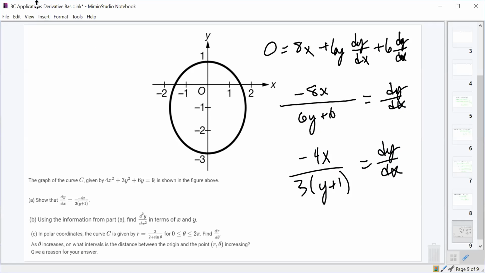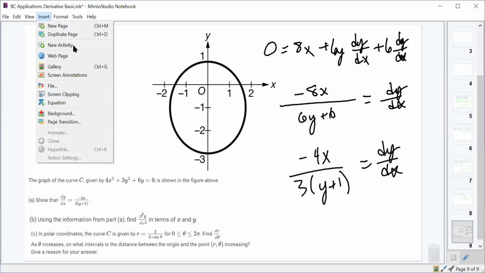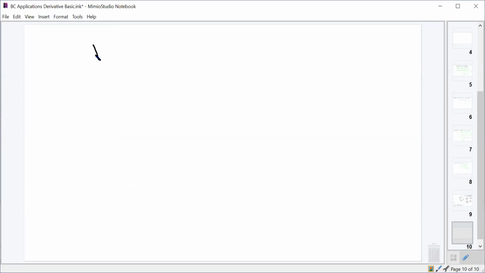Hopefully not. All right, so for part B, we just need to find the second derivative. So dy/dx is negative 4x over 3 times (y plus 1).